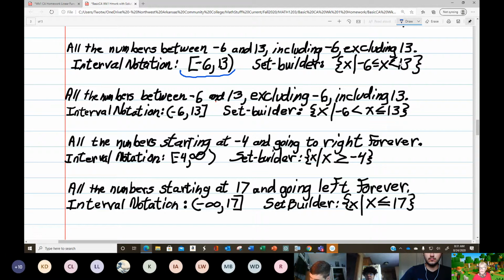Namely, the set of all numbers, that's what the braces mean, such that x equals all real numbers that obey this rule: -6 is less than or equal to x, but x is strictly less than 13 because it's not allowed to equal 13.